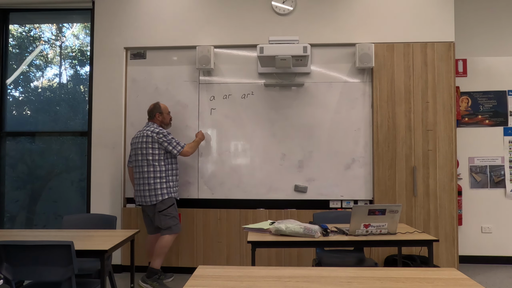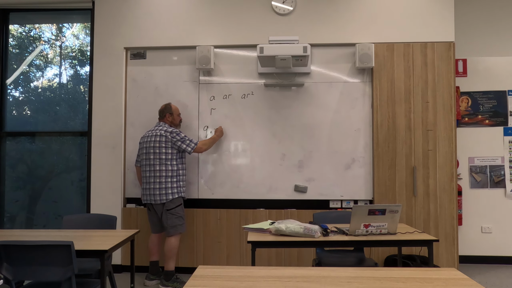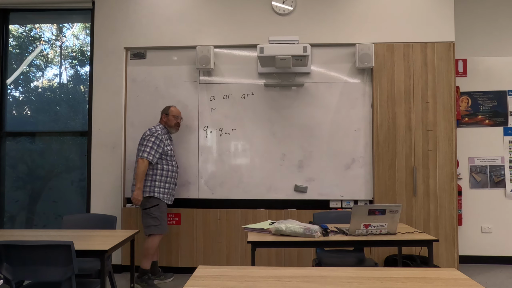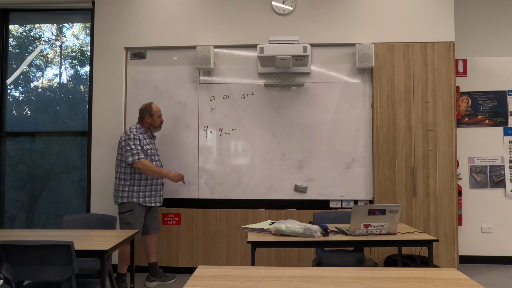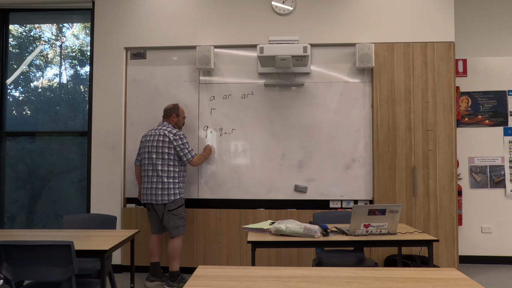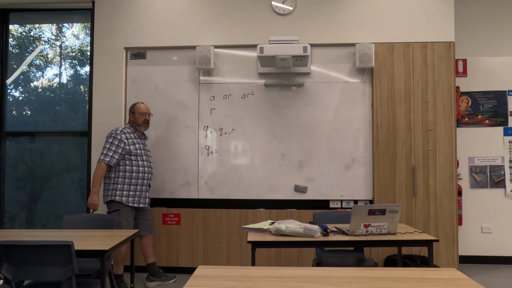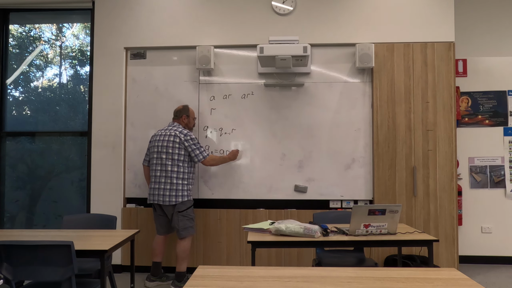So we get that Qn equals Qn minus 1 times the common ratio. Or we can find the nth term of the geometric sequence by multiplying the first term by r to some power.